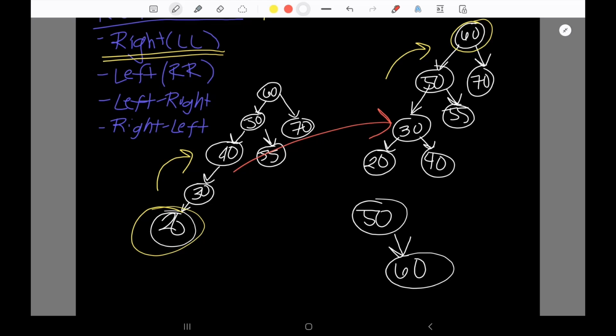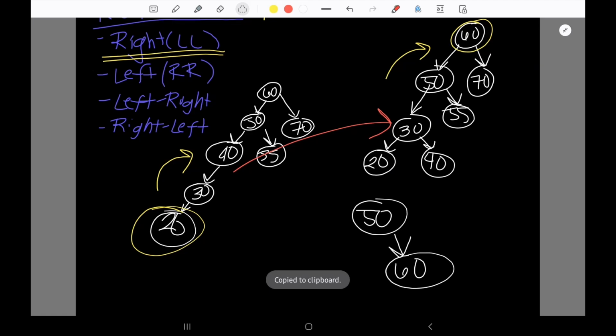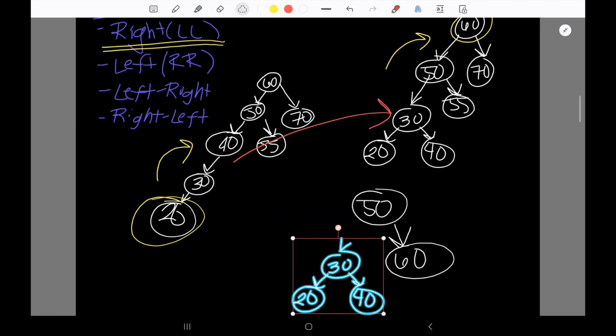And this one, since it's okay, we're just going to insert it to the left side of 50. So we're going to insert it after I copy paste. Paste. Okay.